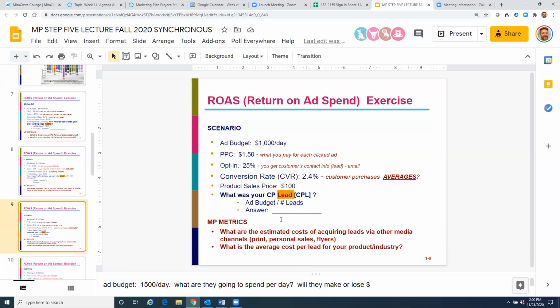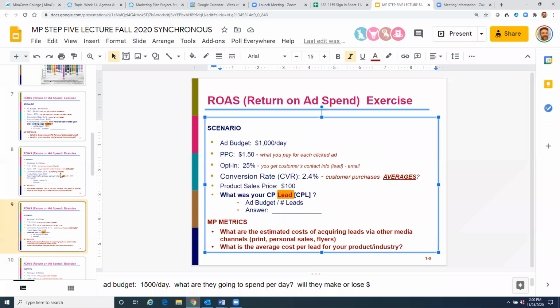So what we would do here is take the ad budget, which is $1,000 a day, and divide it by how many leads we got. So that is $1,000 a day divided by our number of leads.